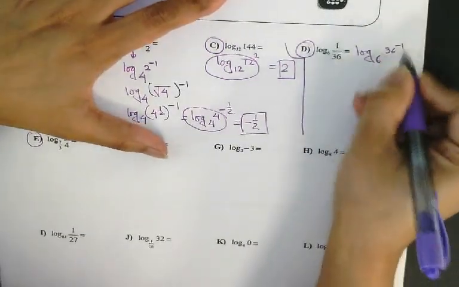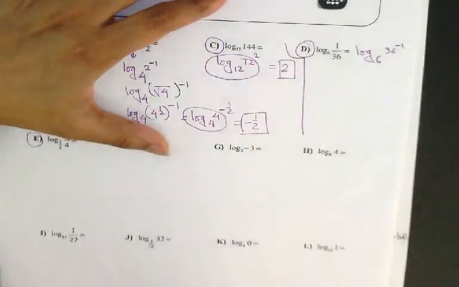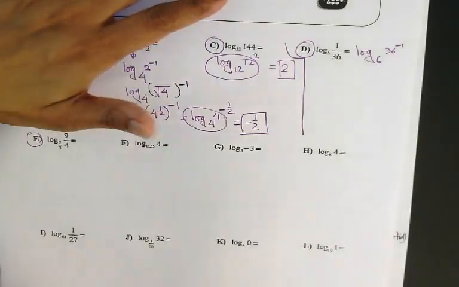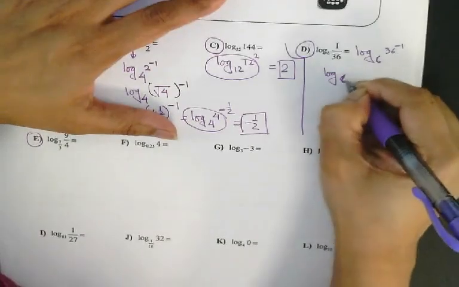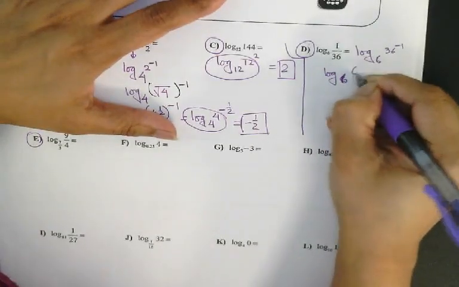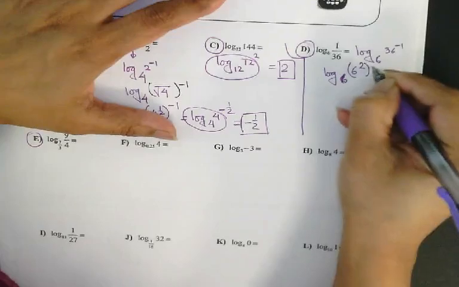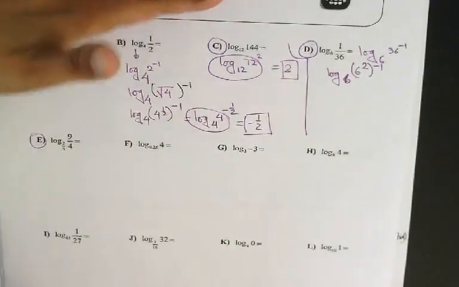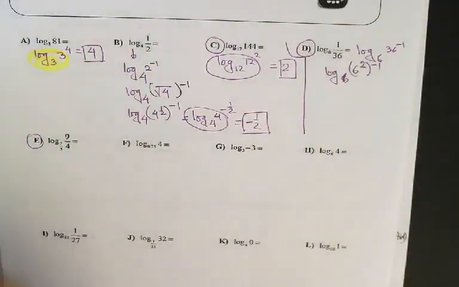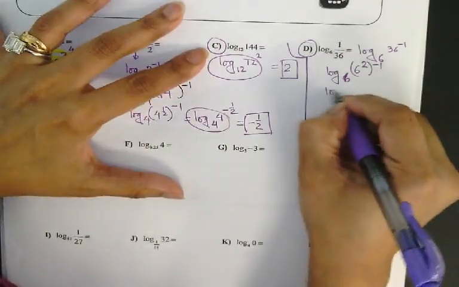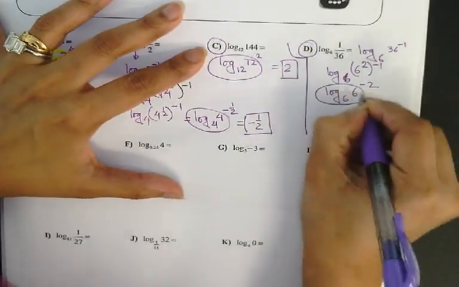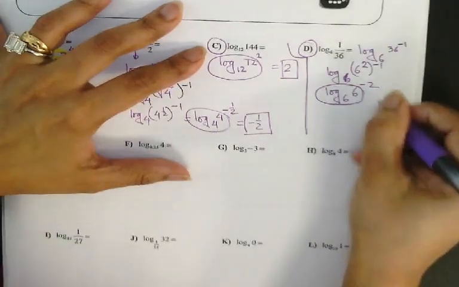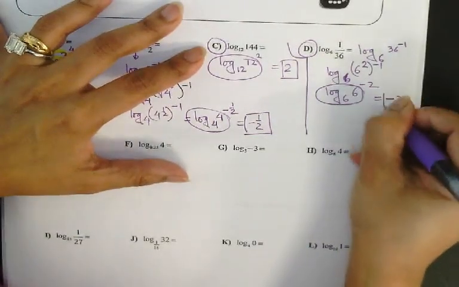And then this 36, I can break as 6 squared. So log 6, 6 squared, and on the top of it I have a negative 1. Power over a power, they're multiplied with each other. Negative 2. This whole thing will vanish, and this is going to give me negative 2.